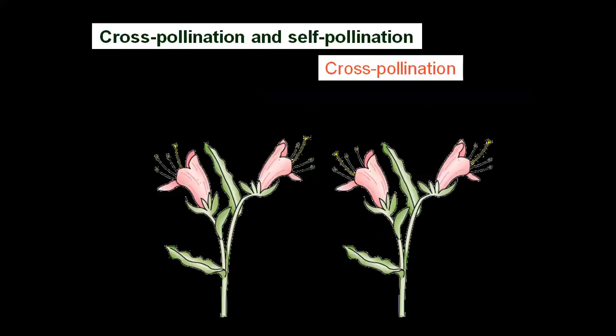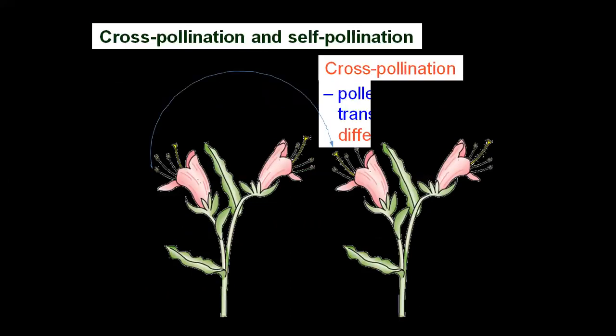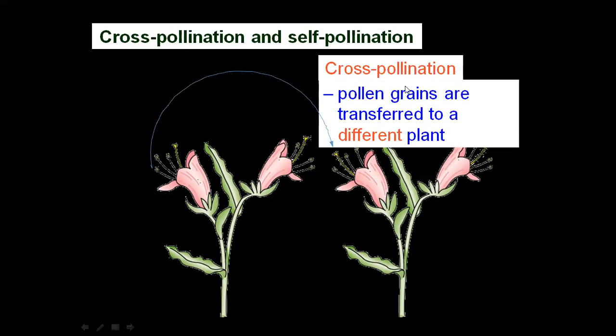The first one, cross pollination. In cross pollination, pollen grains are transferred to a different plant. It means pollen grain that develops in an anther will transfer from one plant to the stigma of another plant.